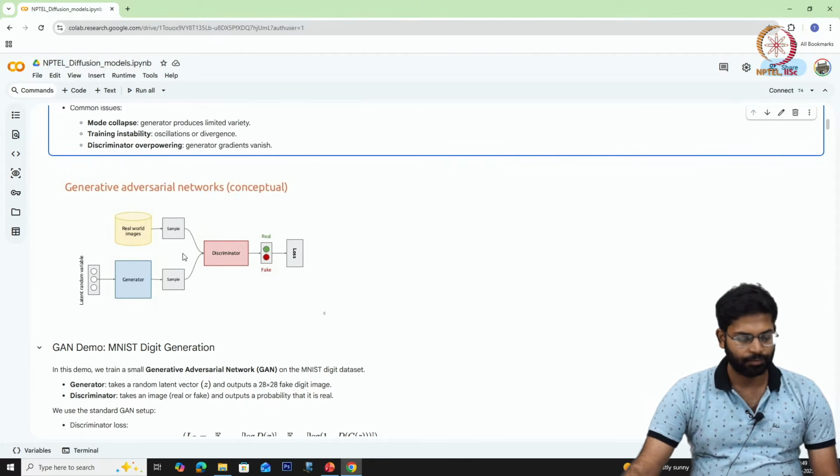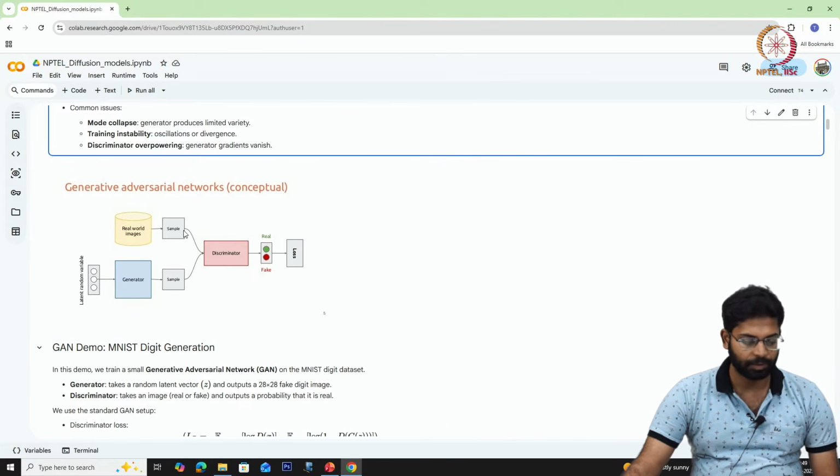So, here is a quick and simple schematic of the generative adversarial network. You have a corpus of real-world images, you sample some images from it, pass them through the discriminator, and it should be able to detect them as real. On the other hand, in another branch you have a latent random variable, z, that we mentioned.